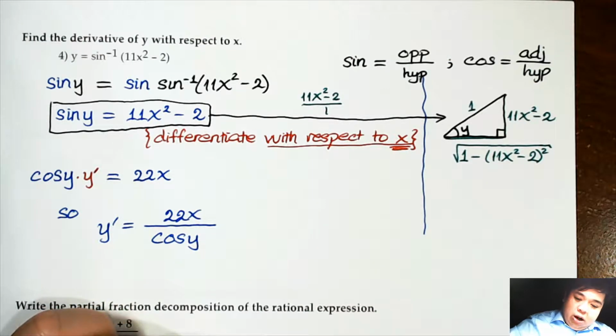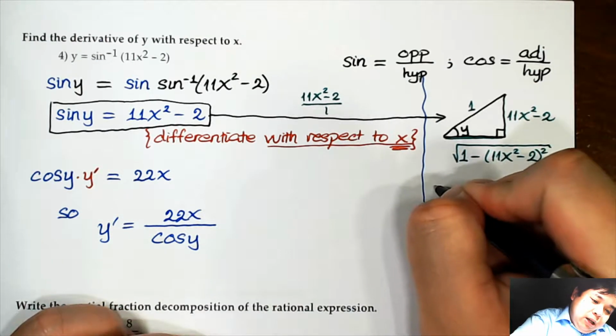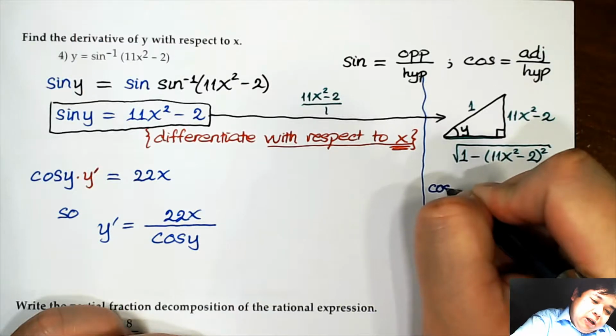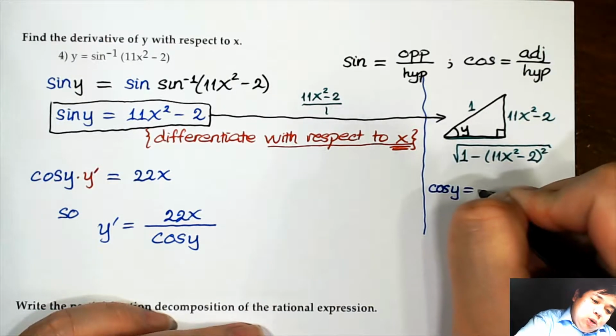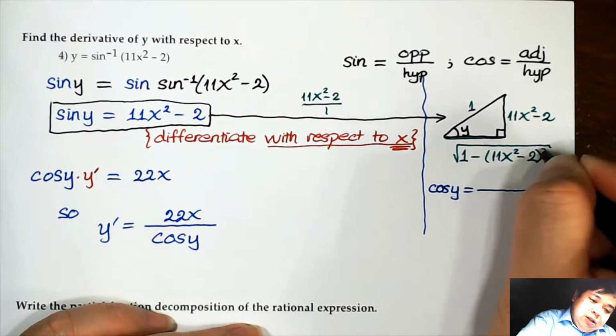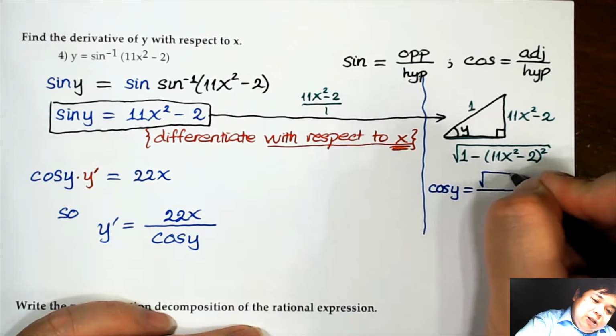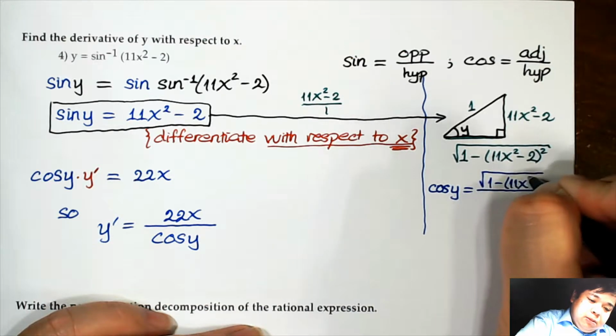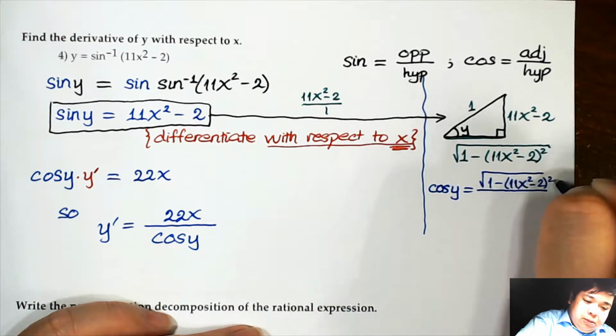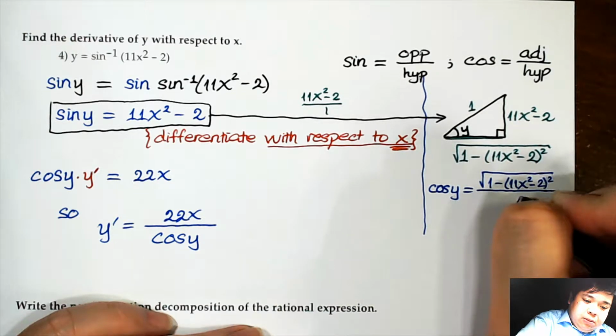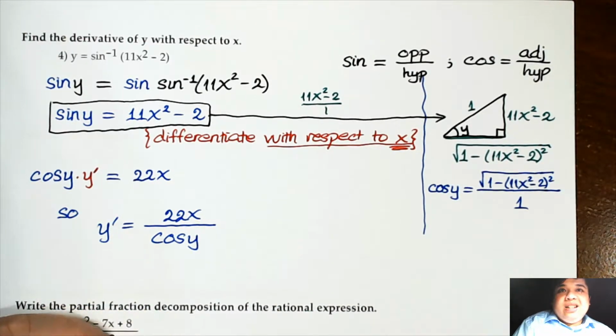And then finally, we put in cosine is adjacent over hypotenuse. So here we will write cosine of y is equal to the adjacent over the hypotenuse. Divided by 1 is itself.